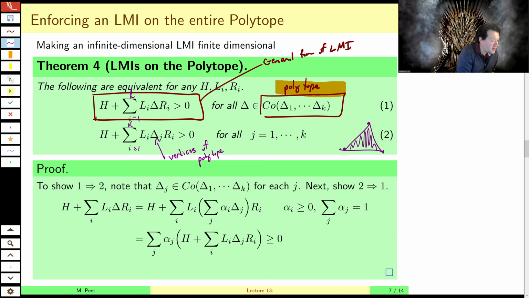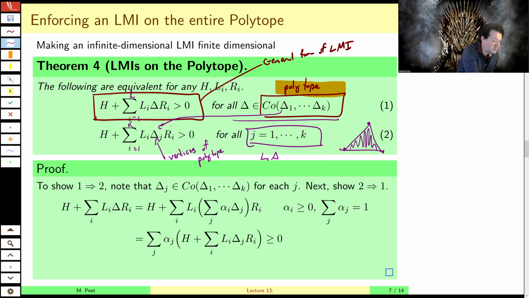So what this is saying is that we can enforce an LMI over a polytope by enforcing the LMI at all the vertices of the polytope. This actually gives us K separate LMI constraints, but as we know, we can stack LMI constraints into an optimization problem, and it doesn't really change the structure of the LMI at all. So we can have L1, and the delta i's are given.